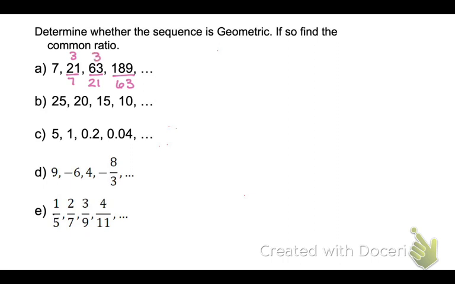It has to be 3, yes? So I took 21 times 3, and I'm sure we all can do that in our head and get 63. And for the next one to work, it'd have to be 3 again, and 63 times 3 would be 189. So is it geometric? Yep. So it's geometric, and your ratio is 3.